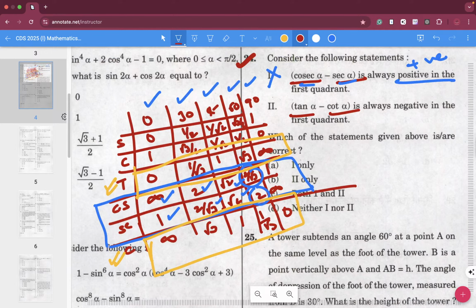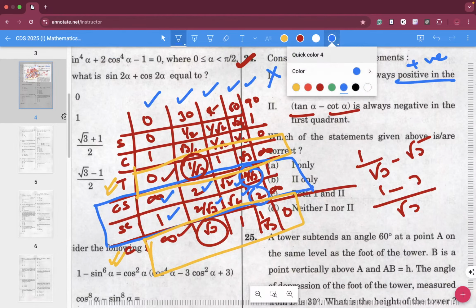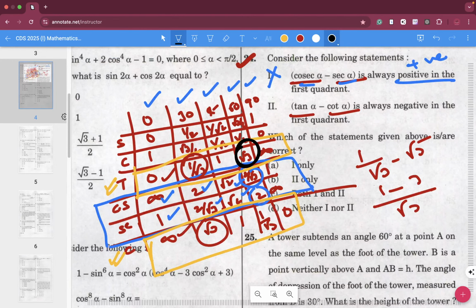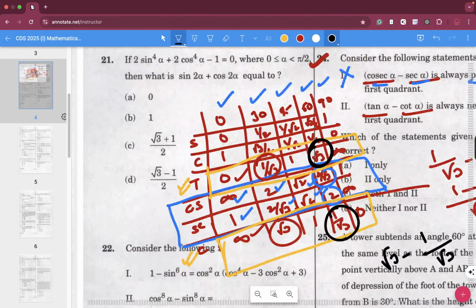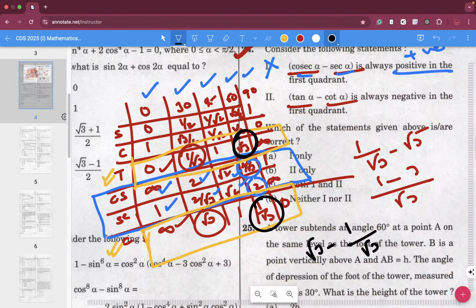So tan theta minus cot theta, 0 minus infinity, right? If you do 1 by root 3 minus root 3, this will give you 1 minus 3 over root 3. This is a negative value. What if you take this particular value, root 3 minus 1 by root 3? Root 3 minus 1 by root 3 over here is how much? 3 minus 1 over root 3, 2 by root 3.